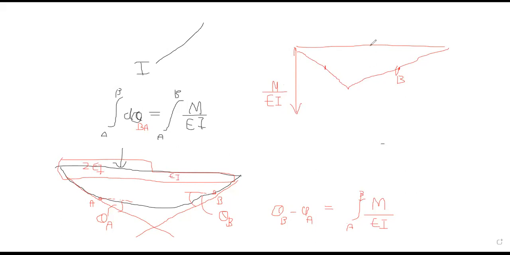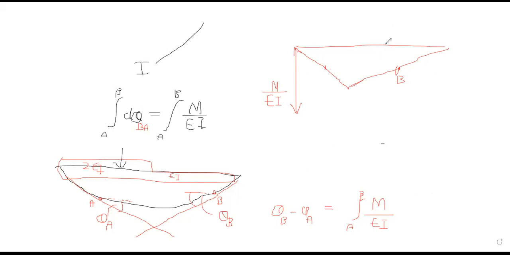So you will have to divide the values by 2EI here, and here it will remain the same for EI, so you will have to make these heights half. Whatever you draw in the bending moment diagram, you just need to divide it by the EI value.